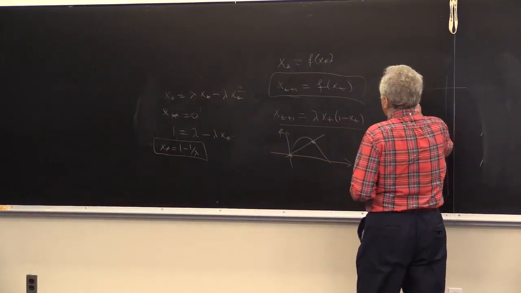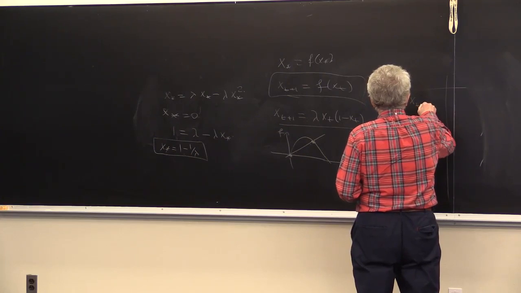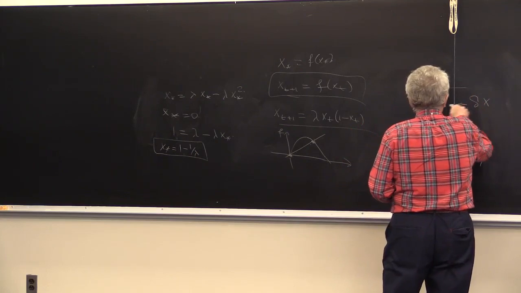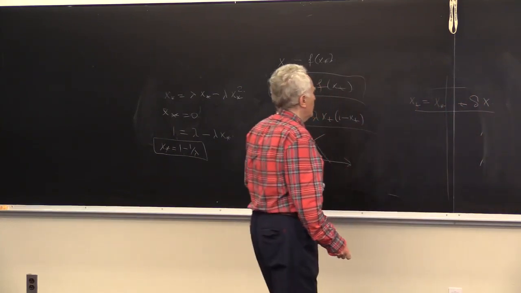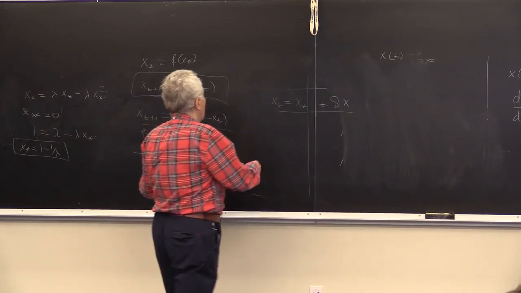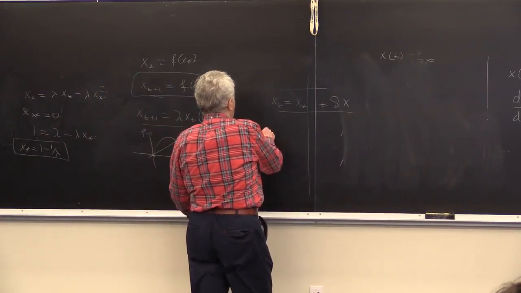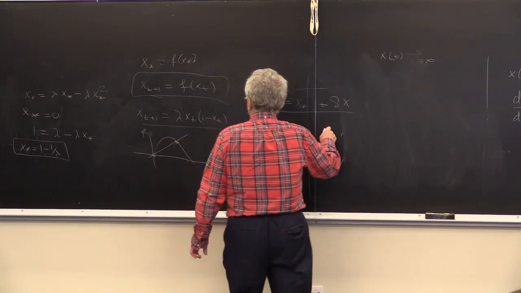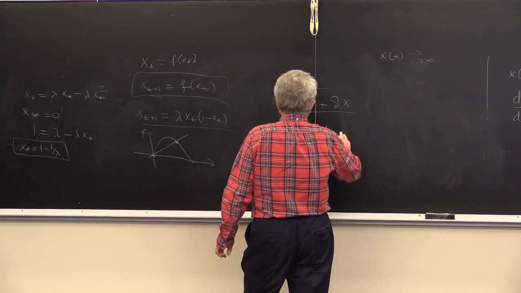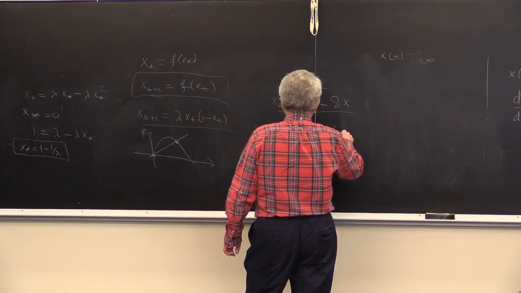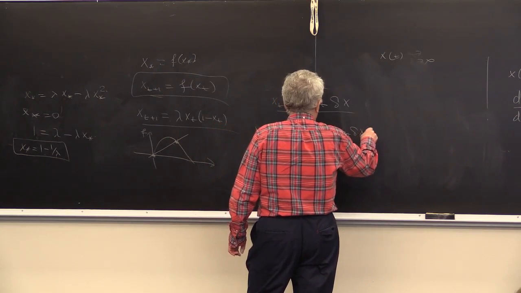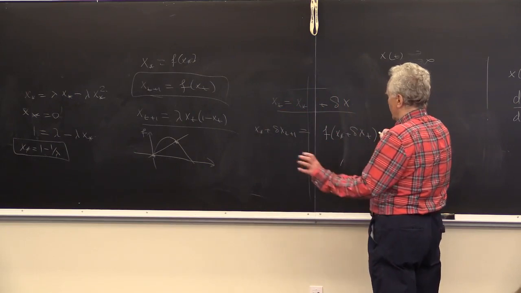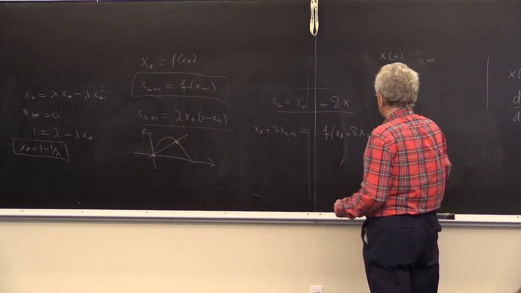Very simple. We just say, let's take x_t equal to x star plus delta x, where delta x is some small perturbation. And we have x star plus delta x_{t+1} equal to f of x star plus delta x_t. I remind you, x star does not depend on t. It's a steady state solution.